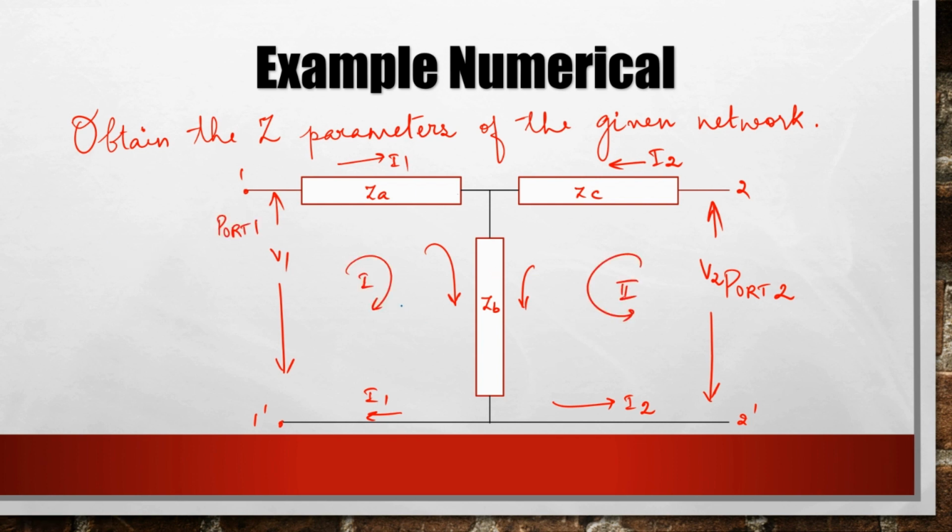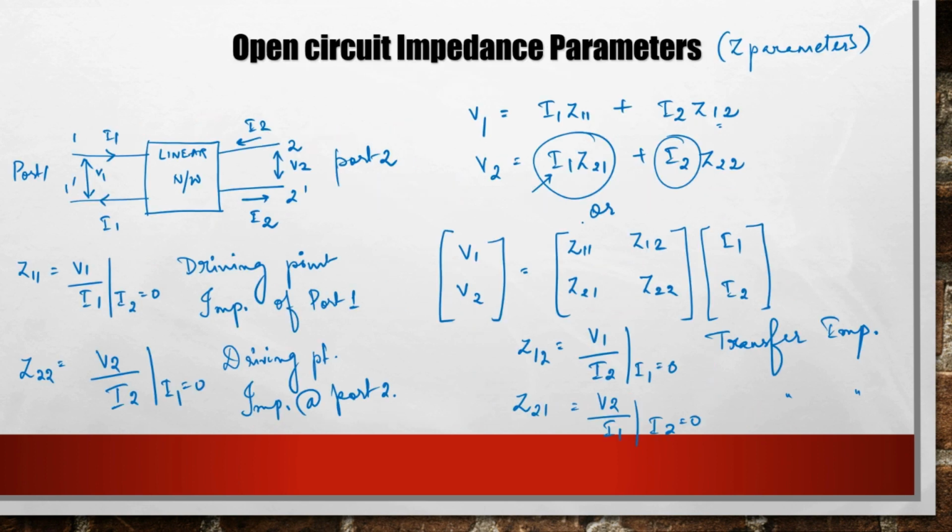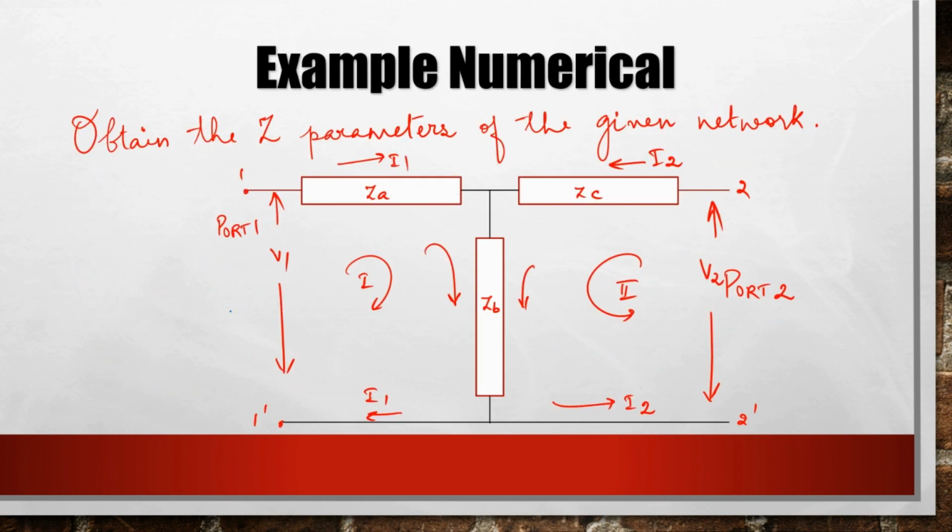In order to do that, all I need to do is frame KVL equations and bring them in this form such that I can identify my Z11, 12, 21 and 22 from there. So I'm going to apply KVL in loop 1 and 2. So for loop 1, what I have is V1 is equal to I1 into ZA plus ZB, because I1 enters both, plus I2 into ZB.